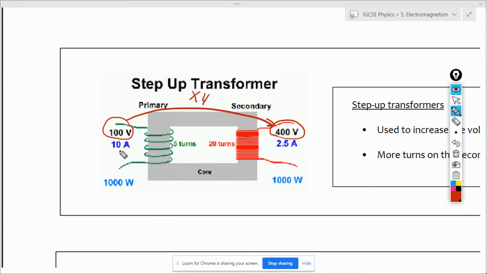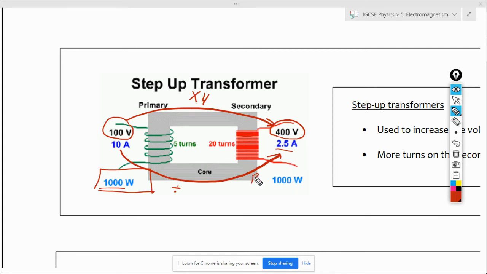That means the current would be divided by 4 because power remains the same. So 10 divided by 4 gives you 2.5. On this side we have 1,000 watts, current times voltage: 10 times 100 is 1,000.